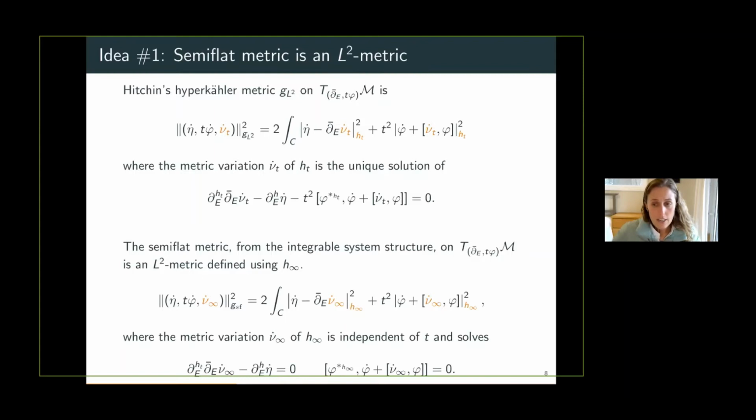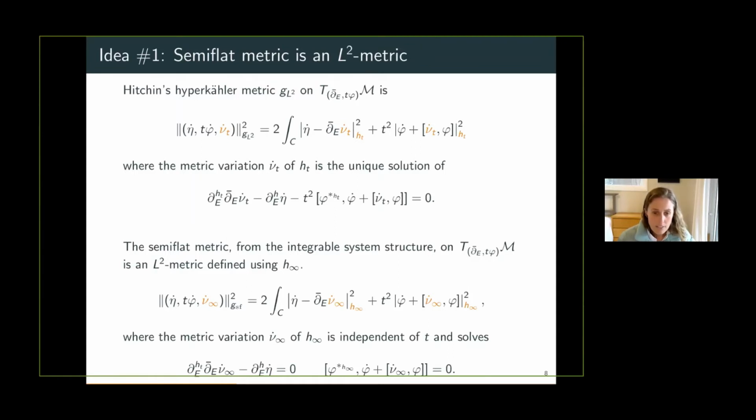Okay, so the first thing is that the semi-flat metric, which is defined from the integrable system structure, doesn't present itself as an L2 metric, but you can actually realize it and show it's the same as the L2 metric above, but defined using h infinity instead. If I replace everywhere you see a nu dot t with nu dot infinity, and everywhere you see an h of t with h infinity, then the semi-flat metric is actually the same thing.